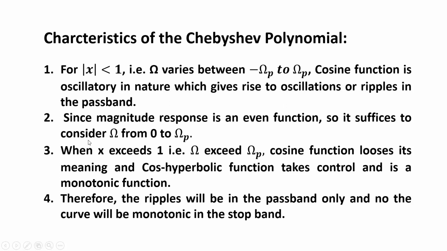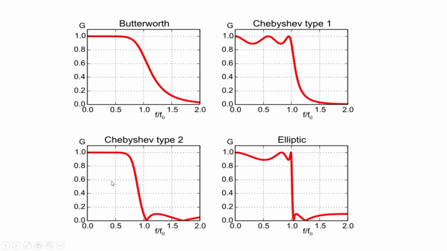So it suffices to consider capital omega from 0 to capital omega p. Now when x exceeds 1, that is, analog frequency exceeds the passband frequency, the cosine function loses its meaning and the cos hyperbolic function takes control and is a monotonic function. So that explains the mathematical behavior of this graph.